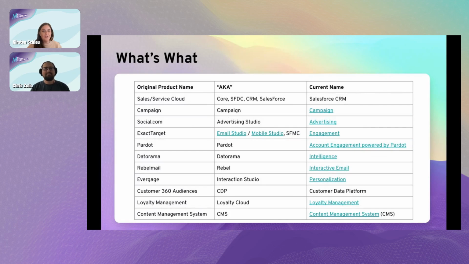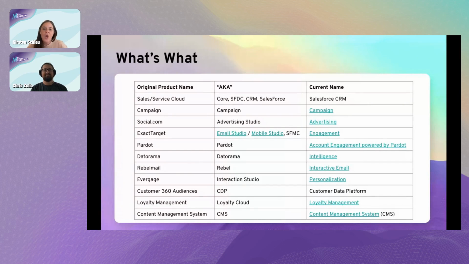So when we think about Marketing Cloud, I don't know, Teresa, if you got a sneak preview of our presentation or not, but the evolution of Salesforce, of different products that they've acquired and created over the years, has changed. And so it can get very confusing, like just what we went through of, is this Marketing Cloud Engagement?